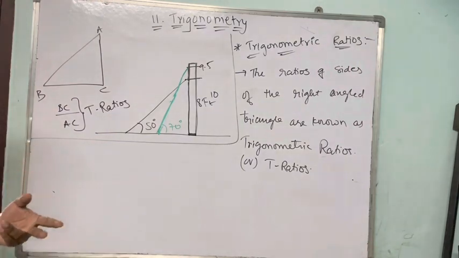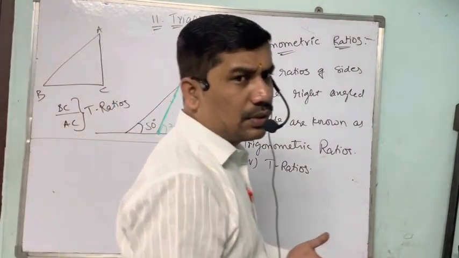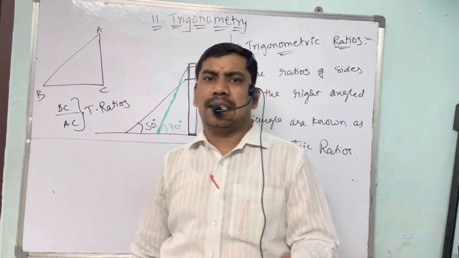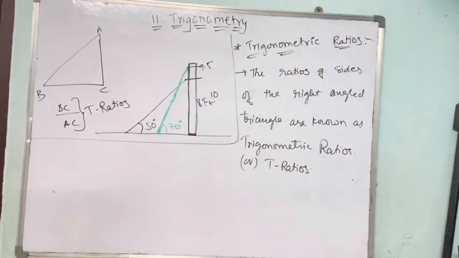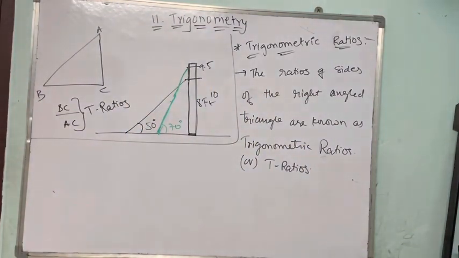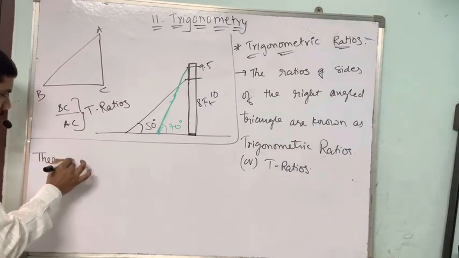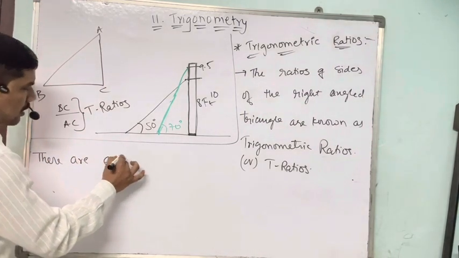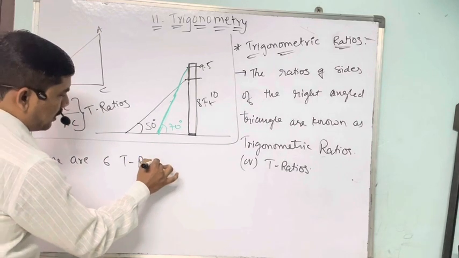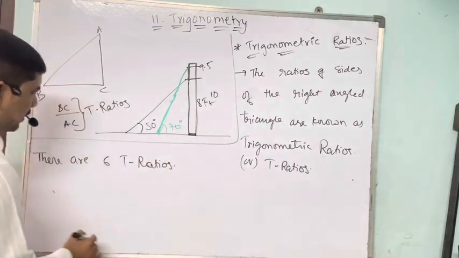So you should take any two sides and write their ratio. Then that ratio itself is known as a trigonometric ratio. Okay everyone? So now let me go through in detail. There are 6 trigonometric ratios. Now we'll see their names.